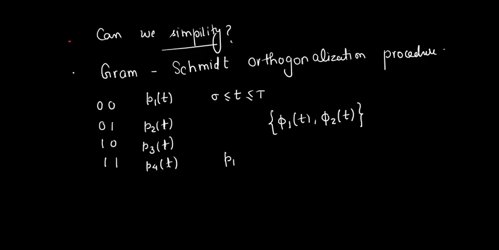So, what I mean is that P1(t) is P11 phi1(t) plus P21 phi2(t).